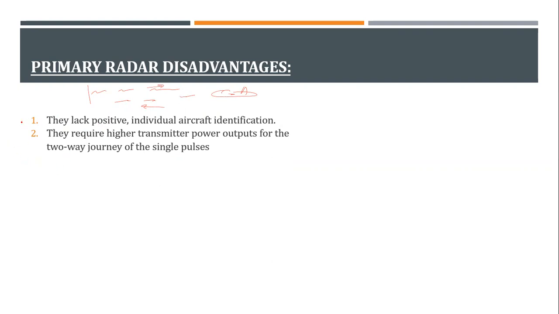Okay, they also lack positive individual aircraft identification. I know I taught you that if two aircraft are close together, within 150 meters normally, a radar will not be able to identify the individual, or they will not be able to distinguish between them. Okay, as I told you, they require a higher transmitting power.